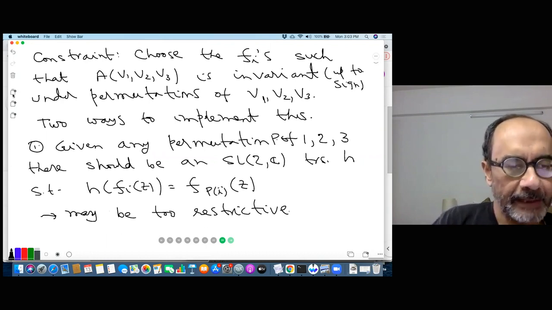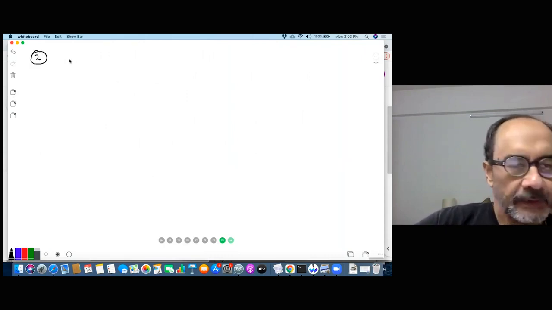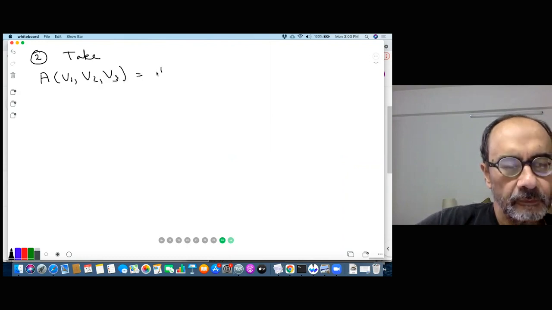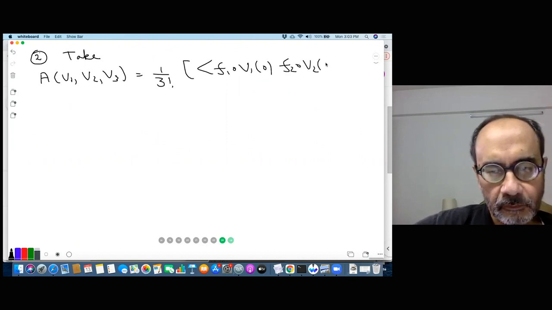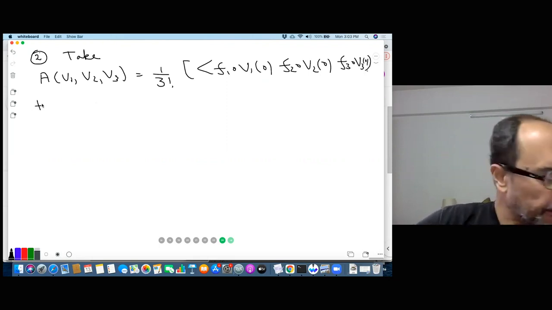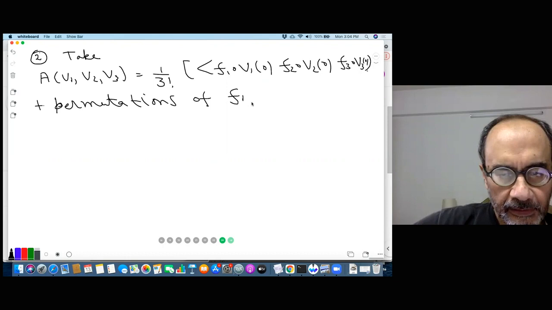So there's an easy way to implement this symmetry, which is to just symmetrize: take f1, f2, f3 plus other permutations of f1, f2, f3.